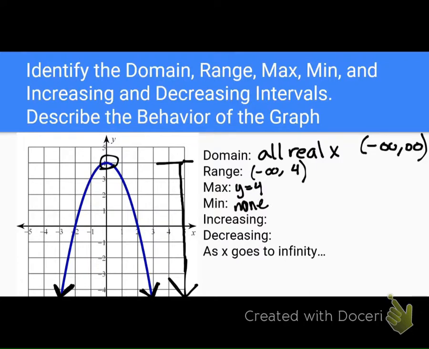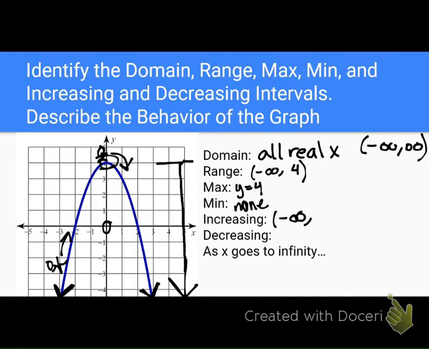If I start on the far left and go to walk right, I'm going uphill. So I'm increasing from negative infinity until I stop going uphill, which happens here. I'm at the top of the hill, and then I'm about to go down. So I'm going uphill until x equals 0.